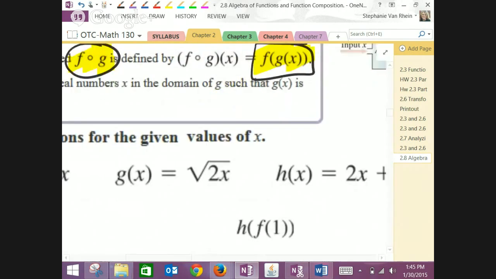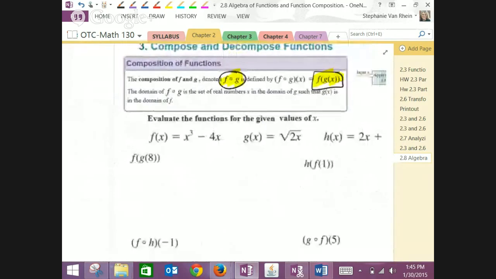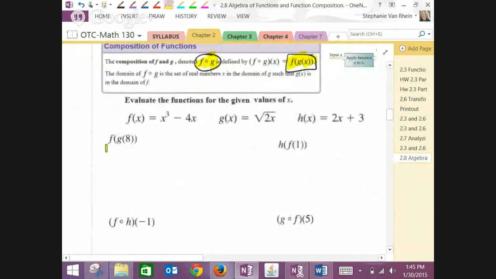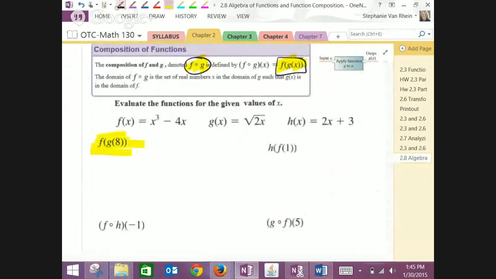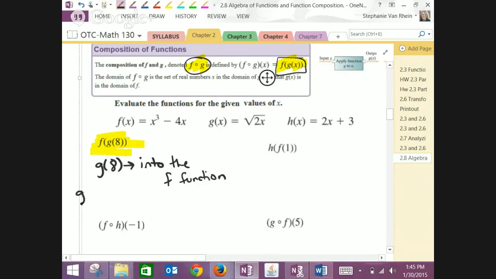To begin, your book starts with numbers. They give you 3 different functions here, and they ask, what is f of g of 8? So I take g of 8 and plug it into the f function. What is g of 8? g of 8 is the square root of 2 times 8, which is the square root of 16, which is 4.